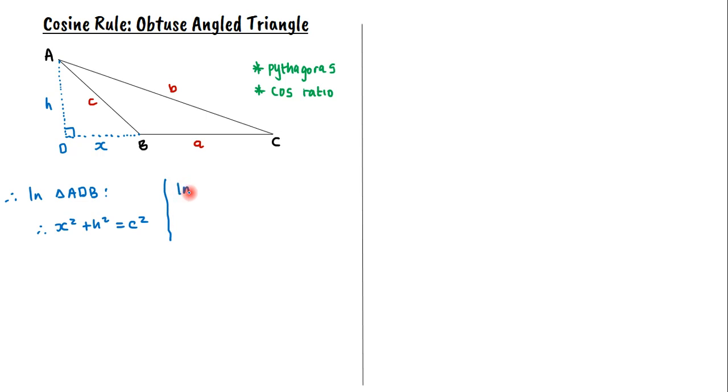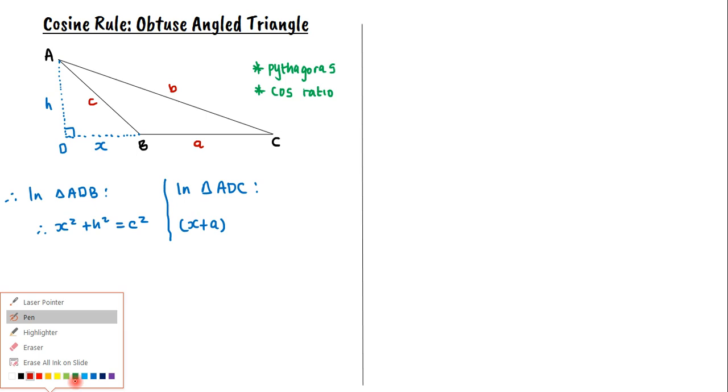The other triangle will be triangle ADC. Triangle ADC has AD, AC, and DC is the whole part. So by applying Pythagoras there, we'll say x plus a. So x plus a will be the side for DC because it's going to be from here to there.